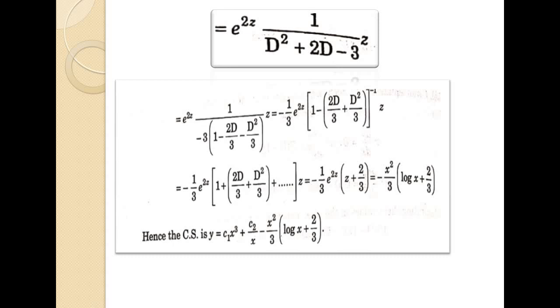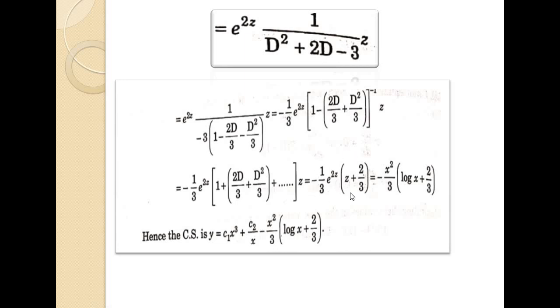From the next term onwards, all the remaining terms contain a minimum term of D square. Therefore, all the higher powers other than 1 when operated on z will become 0. So from this expansion, when operated on z, we get only z plus 2 by 3. So the particular integral is minus 1 by 3 into e power 2z into z plus 2 by 3.